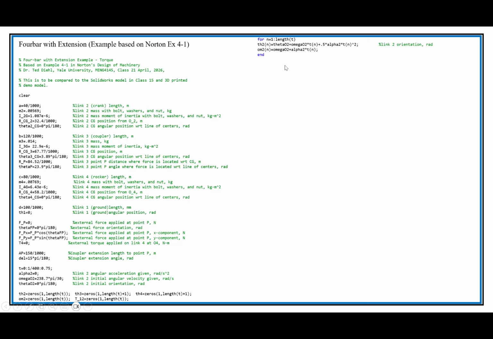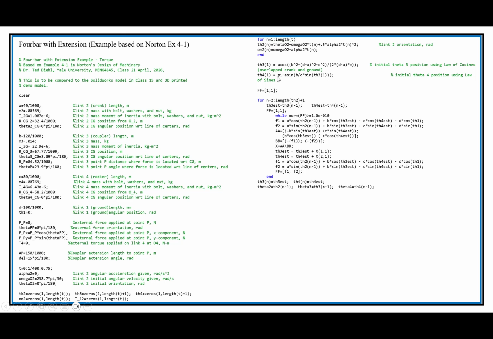Here is my kinematics to get my theta 2 and my omega 2, which should be the same value everywhere because alpha 2 is equal to 0. And then I got my initial positions here by way of the law of cosines and the law of sines to get my initial theta 3 and initial theta 4.